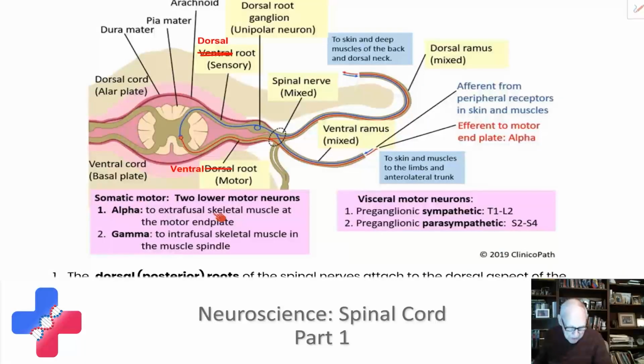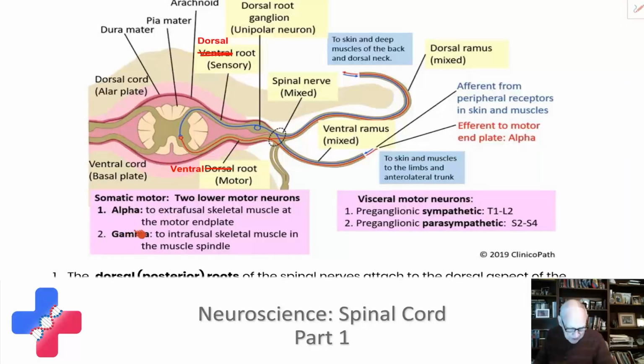So again, there are two mechanisms. Now the alpha, again, is the headline here. The alpha is the lower motor neuron that's utilized in both mechanisms, whether it's volitional or reflex. So the alpha is active in both of those, and that's one of the reasons the alpha would be one of our main topics.